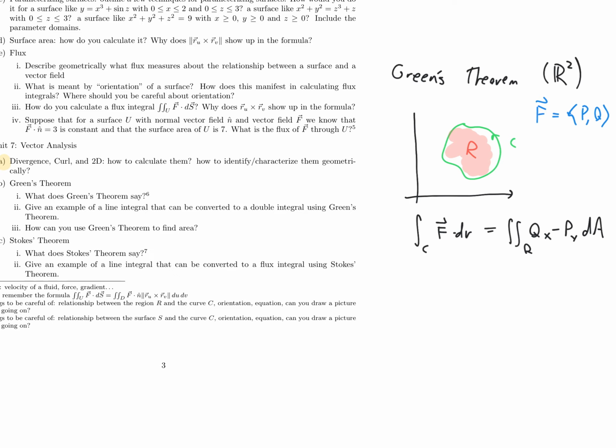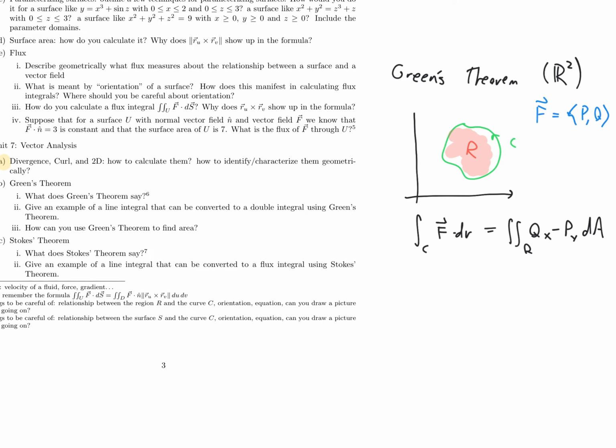There's an equation here that you need to know. And you also need to have the picture in mind in order to know when Green's theorem can be applied and how it can be applied. And the equation lets you know what sorts of applications are feasible here. One kind of thing you could do is, if you have a line integral that seems tricky, you might be able to turn it into an easier double integral.